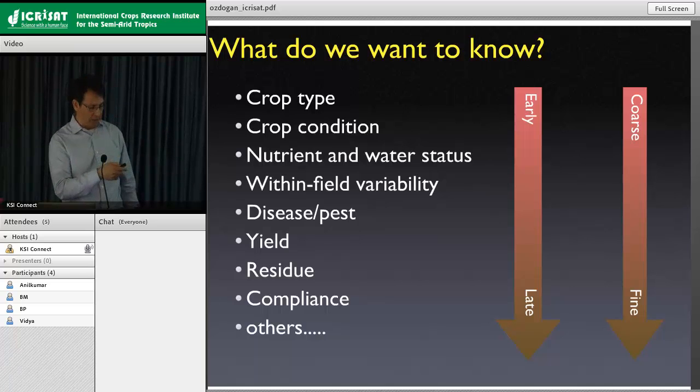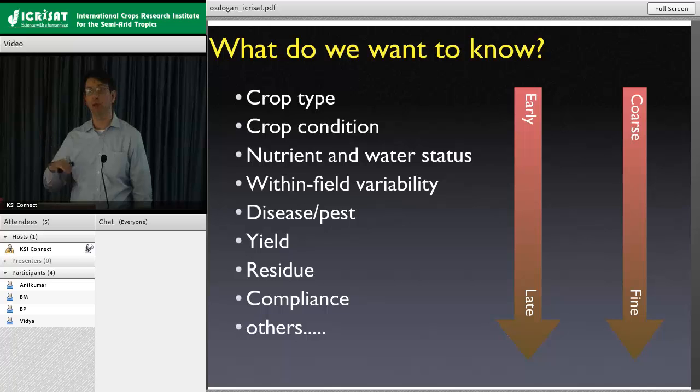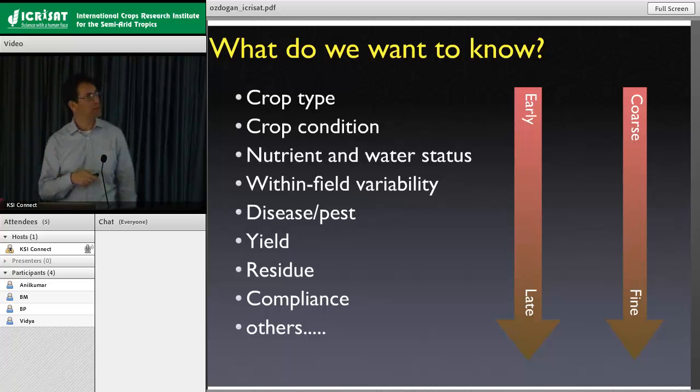When it comes to yield, for example, unless there is an economic benefit, you really don't want to know the yield early, as yield is an integrated variable at the end of the season. So it's not necessarily an early variable unless you can control it through disease or nutrient application. So there's this temporal component, early versus late.